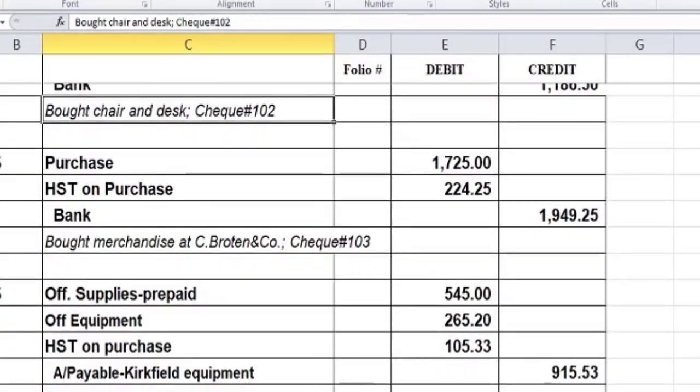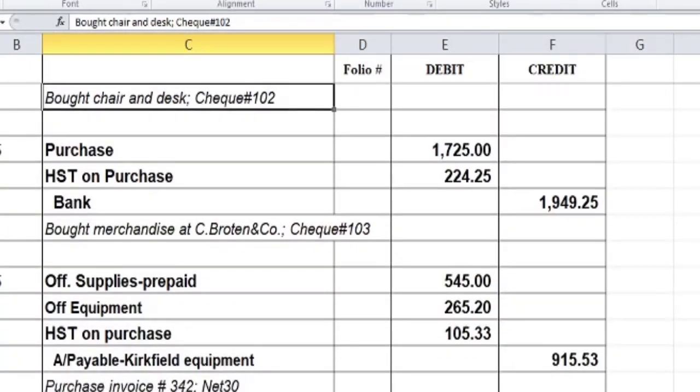October 6th again. Bought a printer, $545, and supplies for the office. Office supplies prepaid for 265.20 plus HST of 105.33. Purchase invoice number 342 from Kirkfield Equipment. Term net 30. So this is a compound entry.